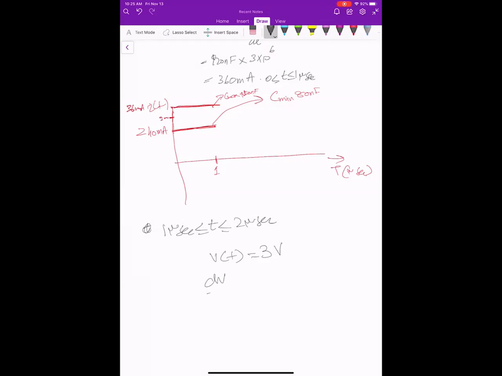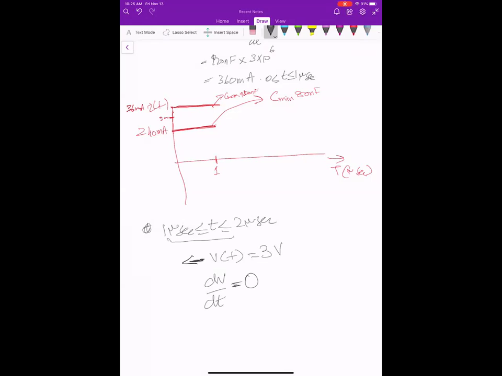Which makes your dV over dt what? If I take the derivative of this, what will its value be? 0.